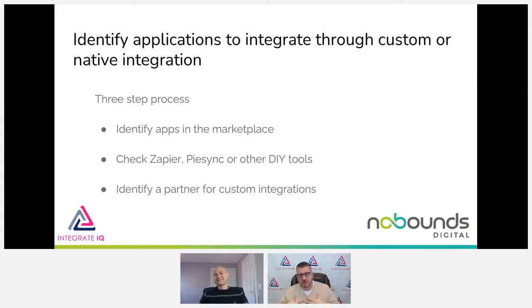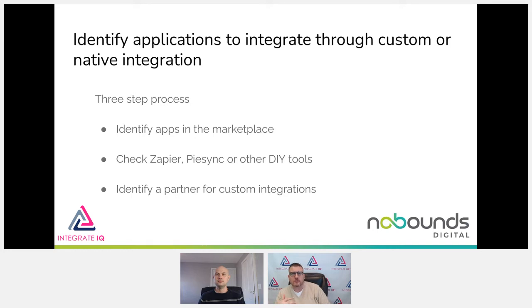I call it Zapier. Other people call it Zapier. But nonetheless, I think every marketer knows that tool. The cool part about that tool is it's very shallow. It's very wide. The breadth is huge. There are thousands and thousands of apps, but they will not go to a full database to sync your fields. They'll have shallow depth. PieSync is a little deeper, and there are more tools out there that can do that.